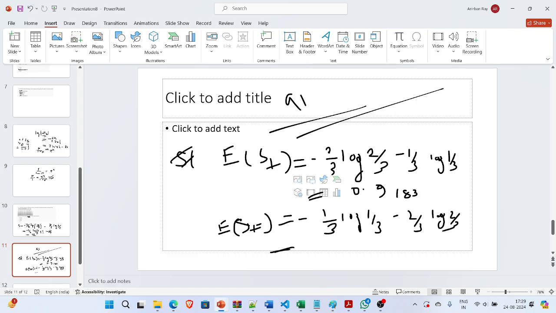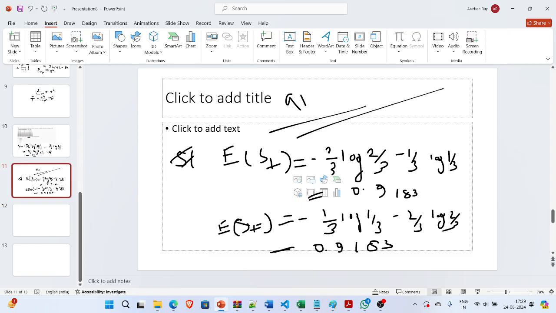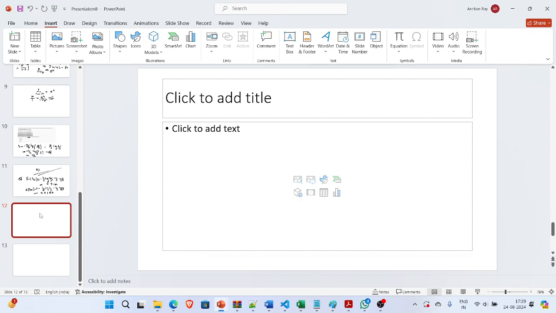So this comes out to be actually the same, just the terms are reversed, 0.9183. So these two conditional entropies are the same. Next what we need to do is find the information gain.